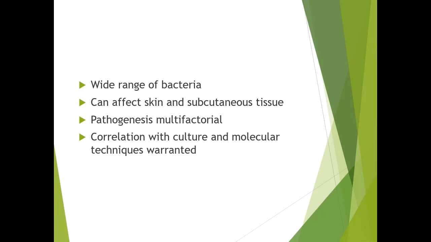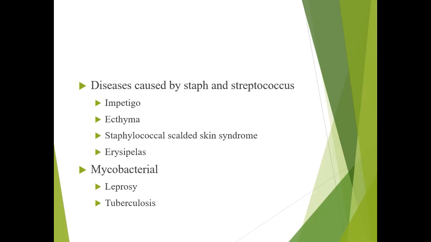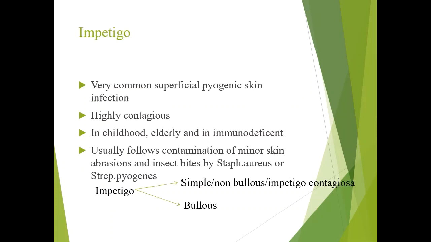The most common causes of superficial bacterial infection are Staph aureus and Streptococcus pyogenes. Infections caused by staph and streptococcus include impetigo, ecthyma, staphylococcal scalded skin syndrome, and erysipelas. Mycobacterial infections include leprosy and tuberculosis. Along with this, we will read about a few more bacterial infections of the skin.